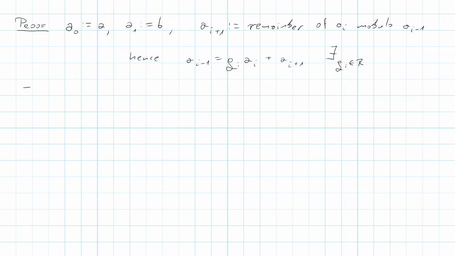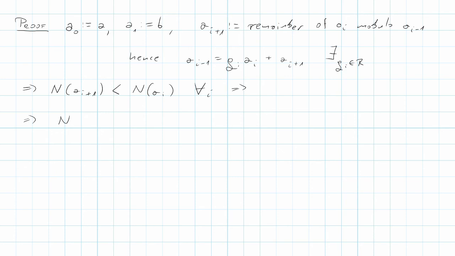So let's look at the norm. Due to the definition of a Euclidean domain, the norm of a remainder is always lower than the norm of the divisor. So the norm of A_{i+1} is strictly less than the norm of A_i for every i. So it follows that the norms form a strictly decreasing sequence.